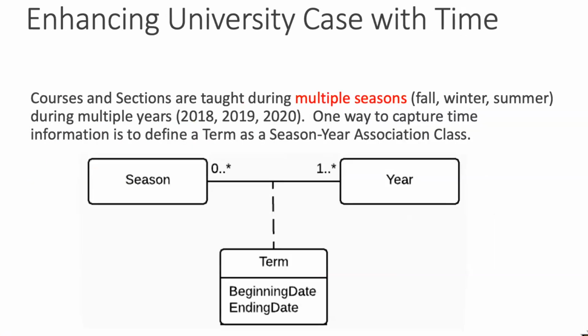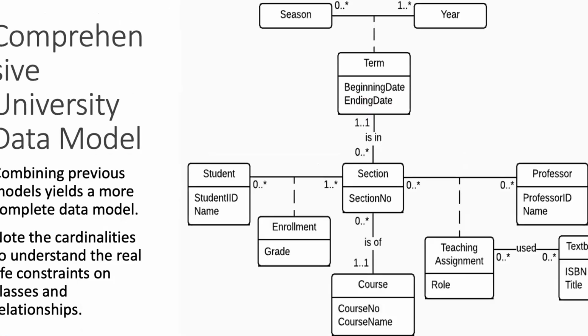And also there are different types of semesters, fall semester, spring semester, summer semester, and also different years for each term available. So right now we can see this is the full version of the class diagram for the organization, for the university system.